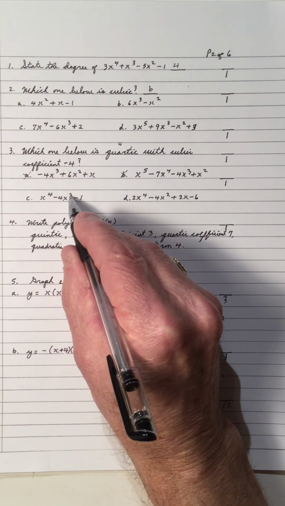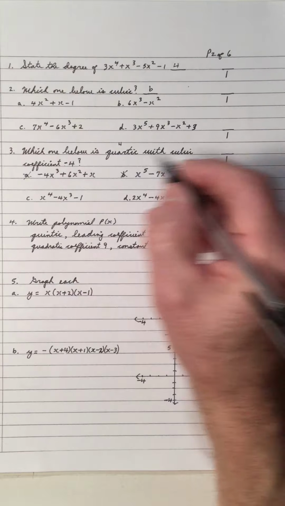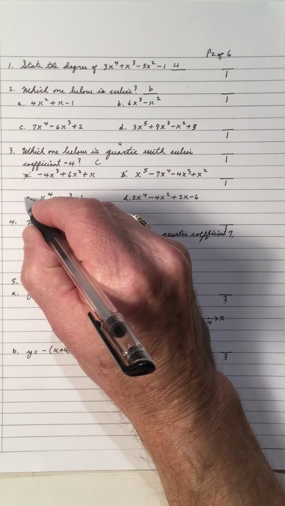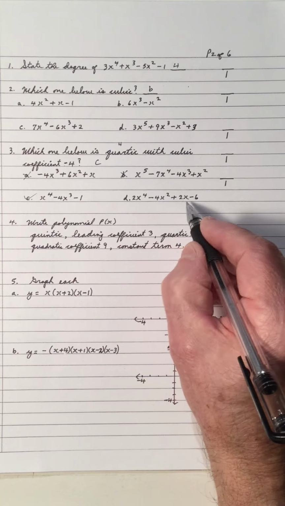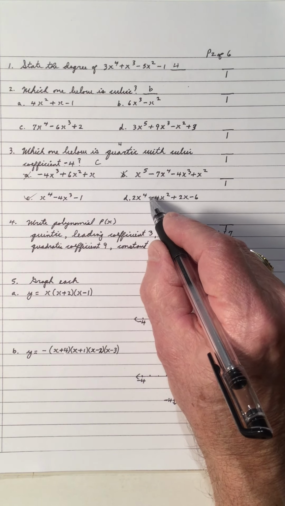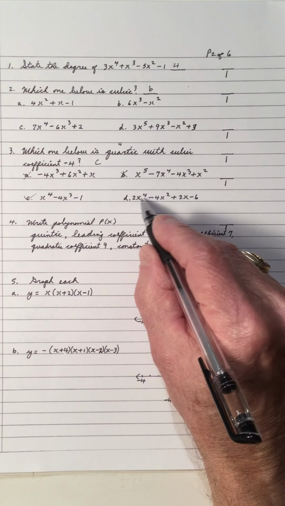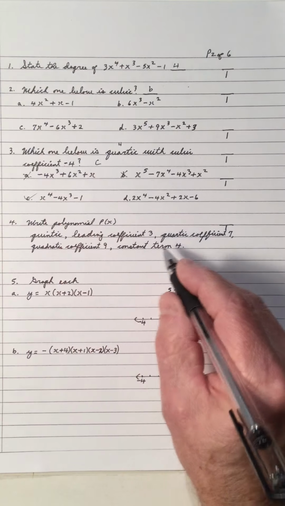The cubic term is negative 4x cubed, so the answer is C. And notice this one's a quartic, but the cubic term is not there. The x cubed is missing, so even though it's a quartic, you can't use D. Give yourself a mark if you have C.